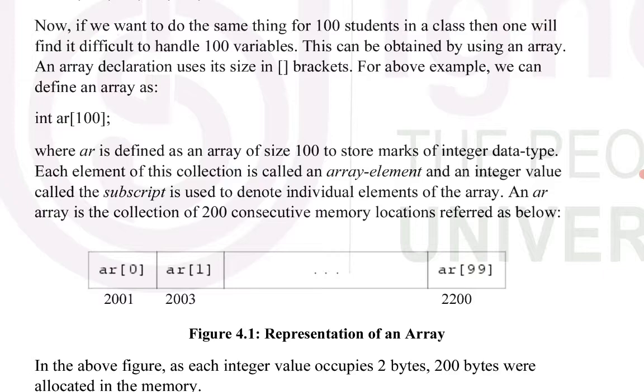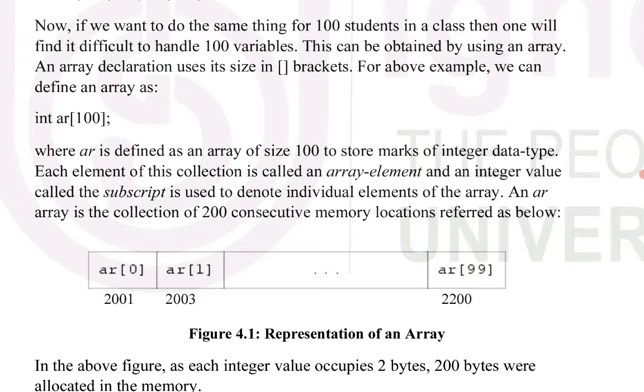So what is an array? What is the exact definition of arrays? Arrays are generally used to store similar type of data or information in a continuous manner in internal memory.